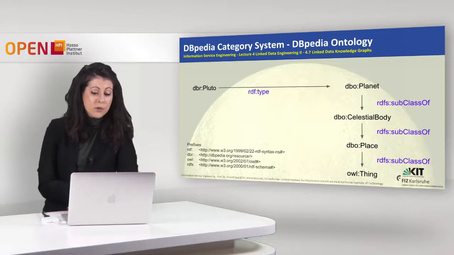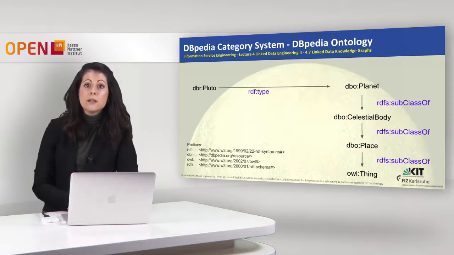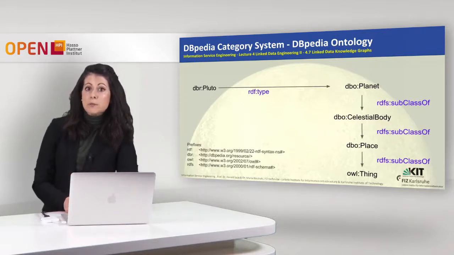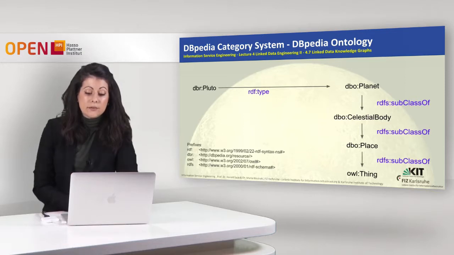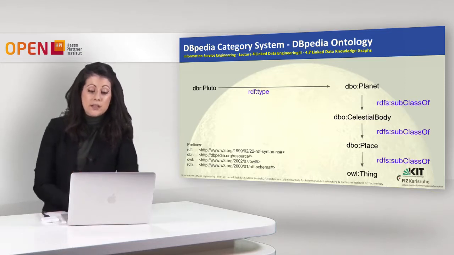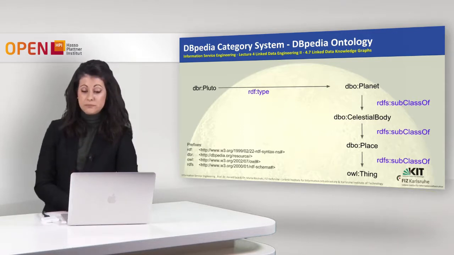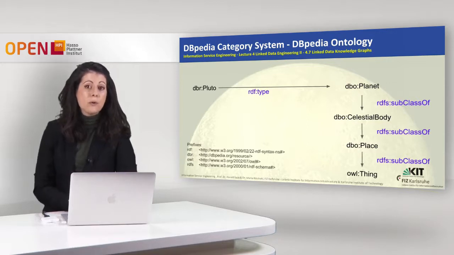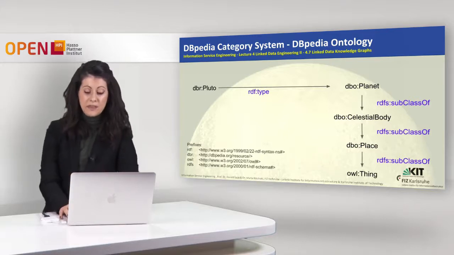Here we see that Pluto is rdf:type Planet, and we saw in the previous parts of the lecture how to traverse this hierarchy. And this we do with the help of the rdfs:subClassOf property. So now we know that dbo:Planet is a subclass of CelestialBody, which is a subclass of Place, and finally it's a subclass of owl:Thing. As we've seen before, everything in the end is an owl:Thing.